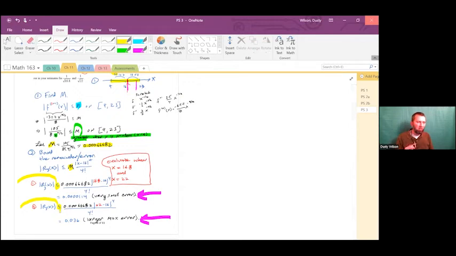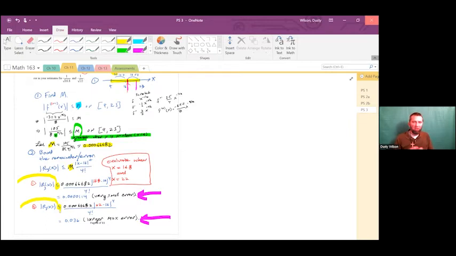16.8 is. We're also able to determine that the max error, the worst case scenario for 1 over square root of 22, is no worse than being off by 0.036. And again, we're able to find that worst case maximum error without knowing the actual value of 1 over square root of 22.